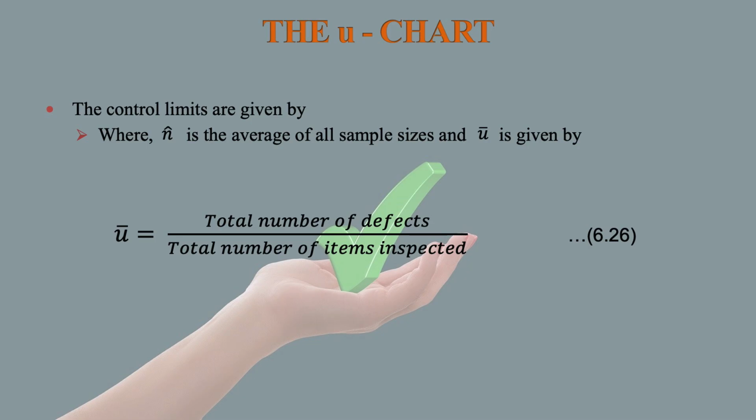For U chart, the control limits are given by LCL and UCL, where N cap is the average of all sample sizes and U bar is given by U bar is equal to total number of defects divided by total number of items inspected.